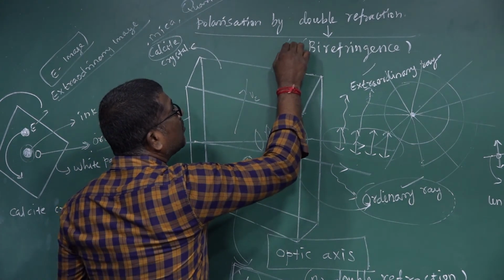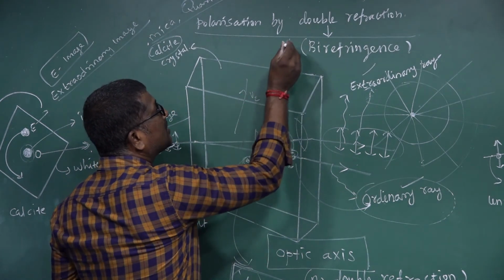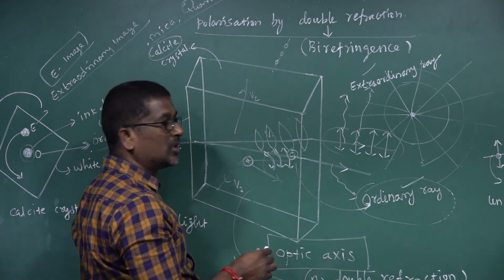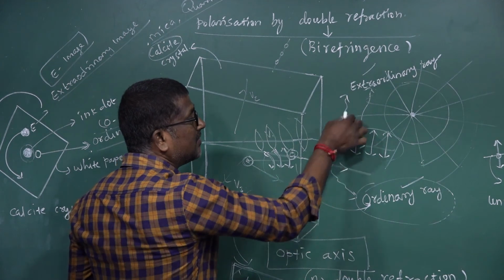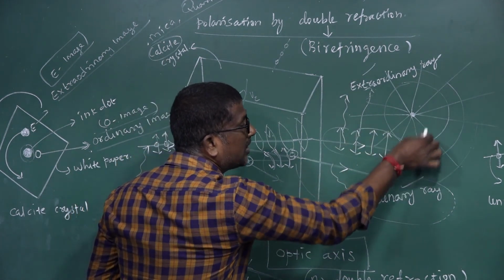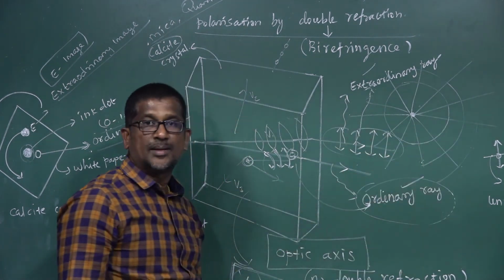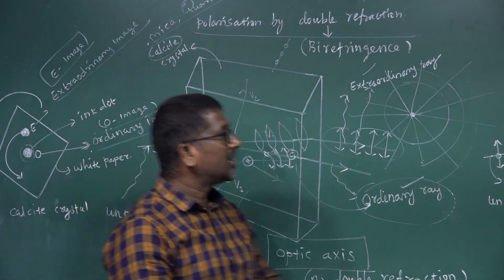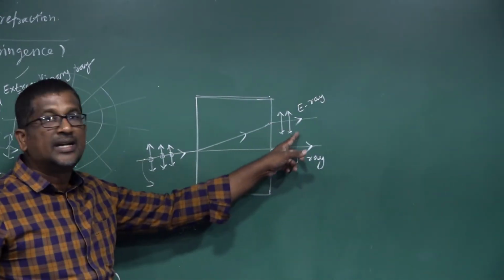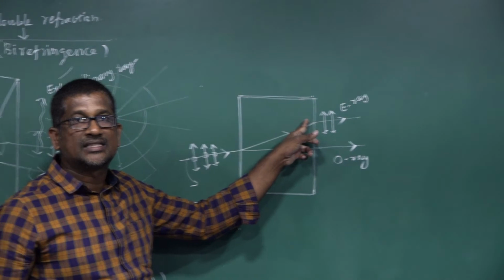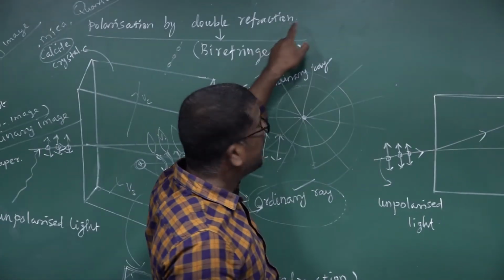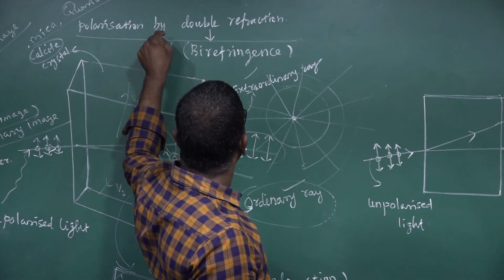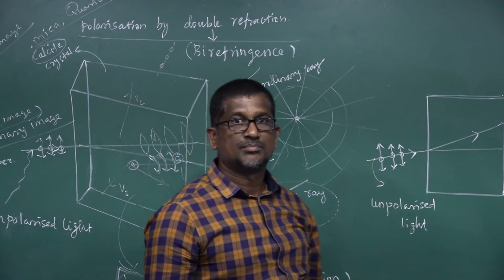Ordinary ray polarized means its vibration is perpendicular to the plane of the board. Extraordinary ray completely polarized means it consists of vibration in only one direction, parallel to the plane of the board. Okay, this method is called polarization by double refraction or polarization by birefringence.